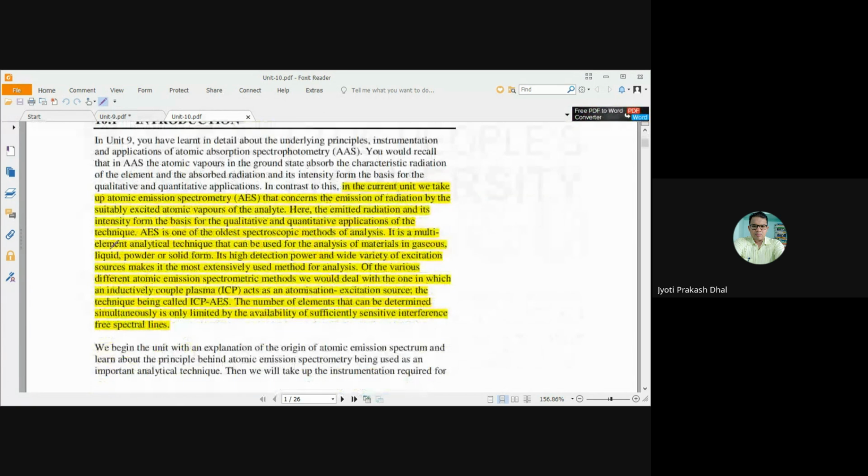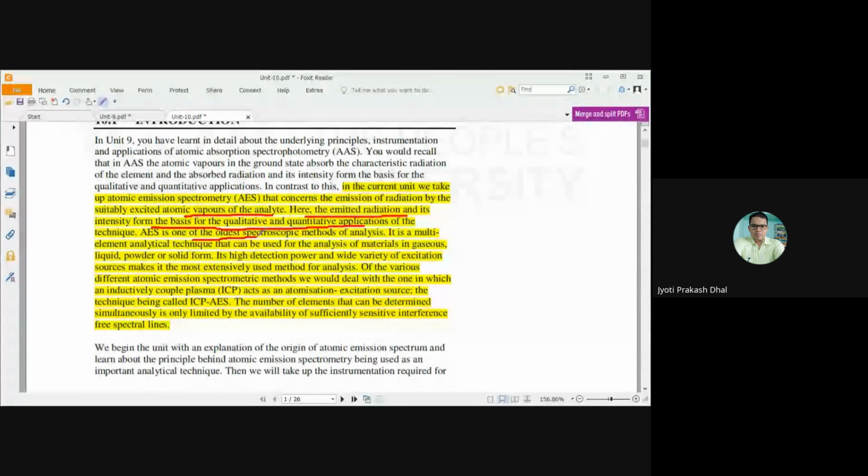First, the introduction. In the current unit, we take up atomic emission spectrometry that concerns the emission radiation by the suitably excited atomic vapors of the analyte. Here, the emitted radiation and its intensity form the basis of qualitative and quantitative application.